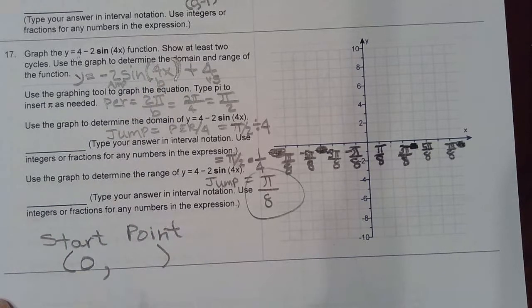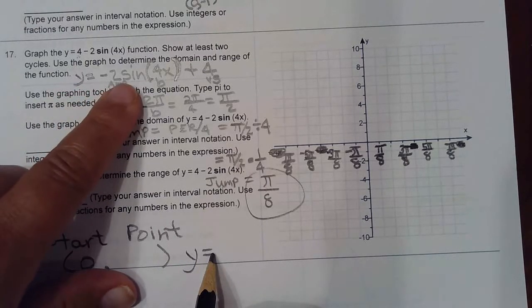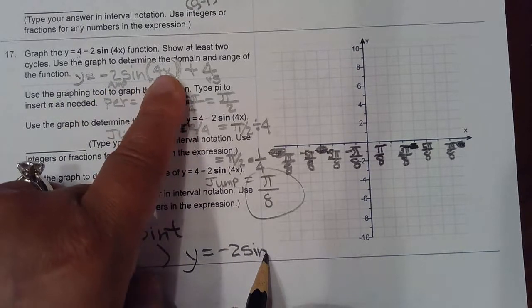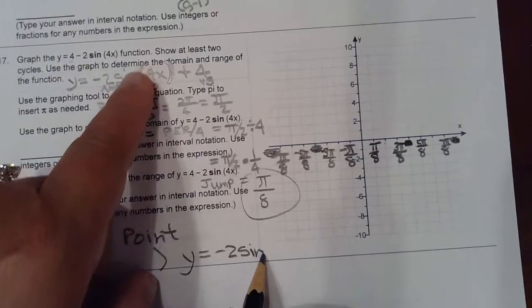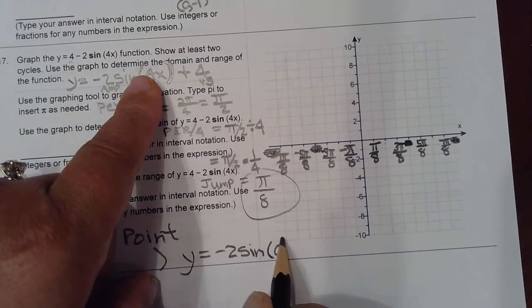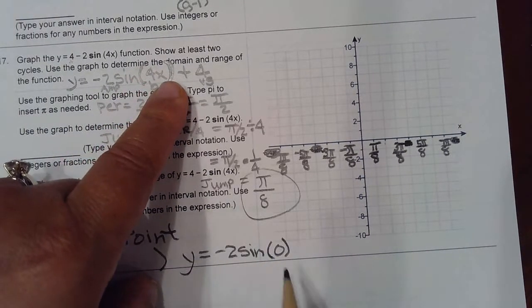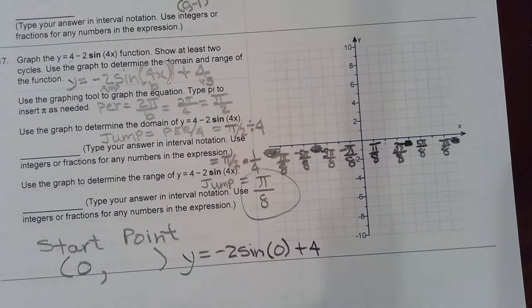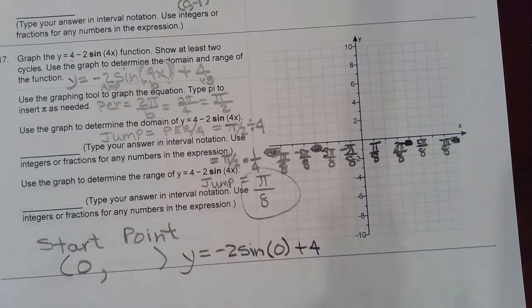So you're putting in a 0 for x, and then you're letting your calculator do the work to get you the y value. So copying this equation for y would be negative 2 sine of, you know that you're putting a 0 in there. That's going to make that whole thing go to 0. That just makes it easy to calculate the y value. If you just set your sights on always zeroing out that argument.